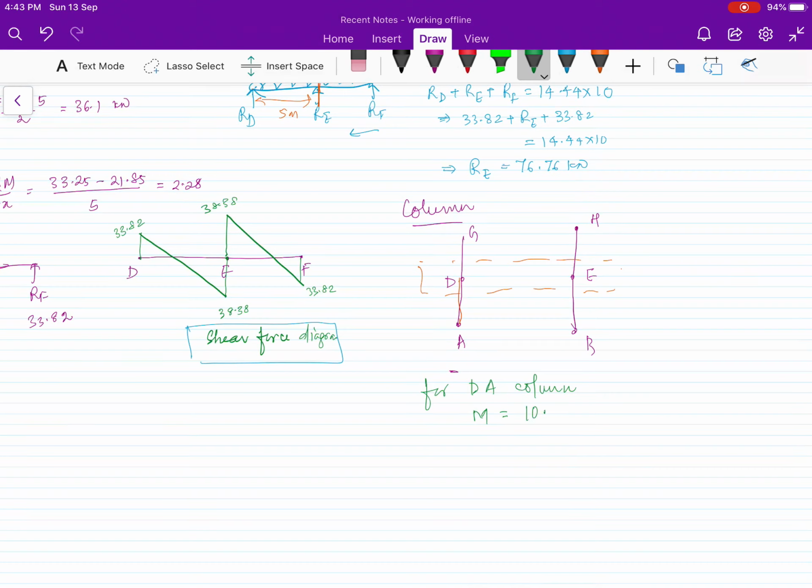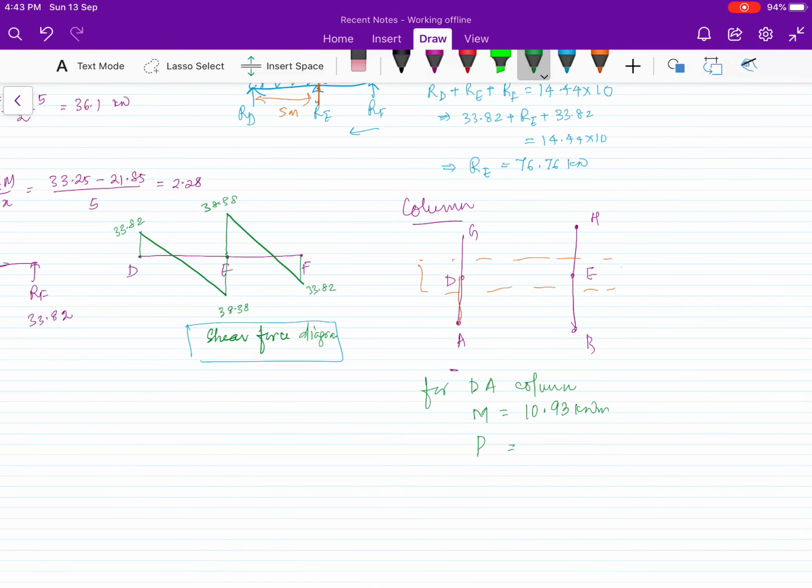So 10.93 kilonewton meter, and your axial force: if this is the beam, we found that there is a reaction here, so this shear force will come as axial force to the column. So your P will be your RD, which is 33.82 kilonewton. Okay, so this column.